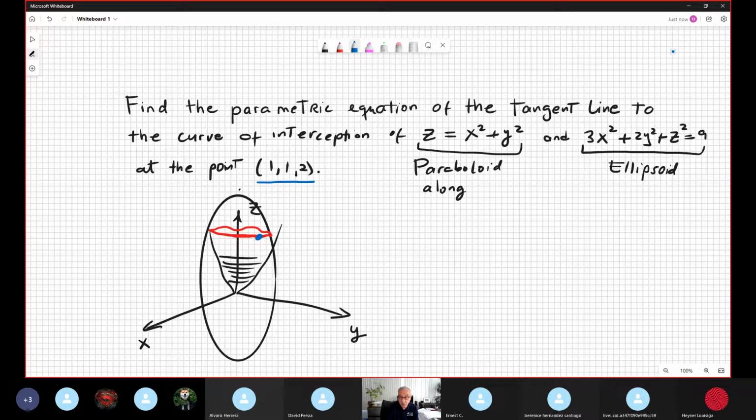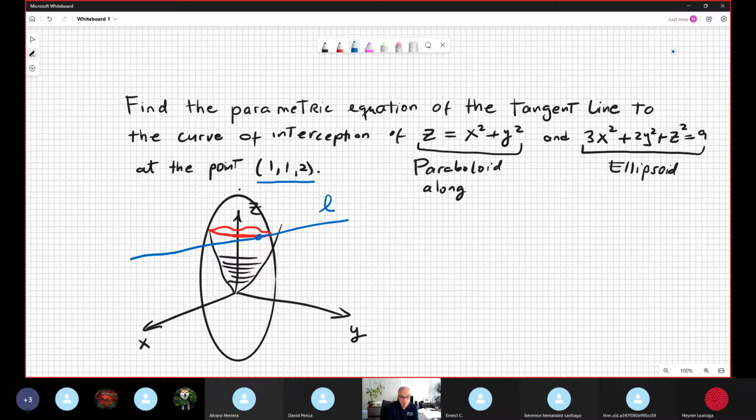And here, 3 plus 2 is 5, 5 plus 4 is 9. Cool. So this point satisfies both surfaces and also the curve in red, but I don't know the equation for the red. It is very complicated, but I don't care. Basically, what I try to find is the equation of the line tangent to this curve, in parametric form.